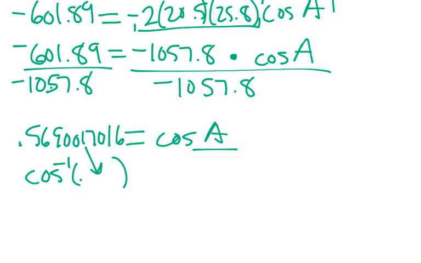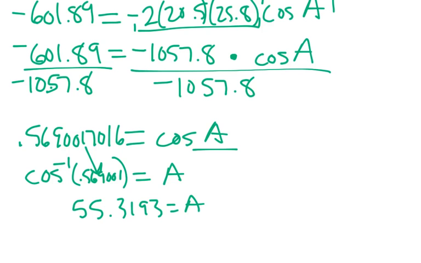You could round it to just 0.569001. But personally, I like to put as much as possible in there, and using the calculators, you can usually do that pretty easily. So I take the inverse cosine of that previous answer, and it gives me 55.3193, okay, which we're rounding to the nearest tenth, so it would be just 55.3.